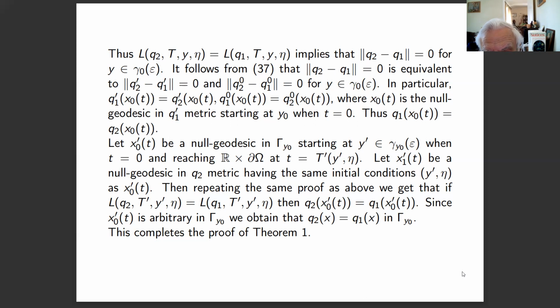Then repeating the same proof, we will get Q2 of x0 prime equals Q1 of x0 prime. Since x0 prime is arbitrary, we obtain that Q2 x equals Q1 x in gamma 0. So this completes the proof of theorem 1.